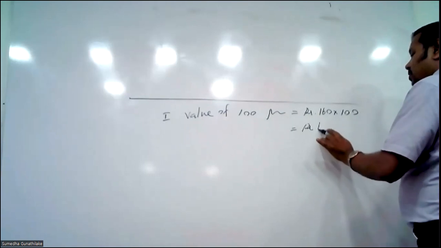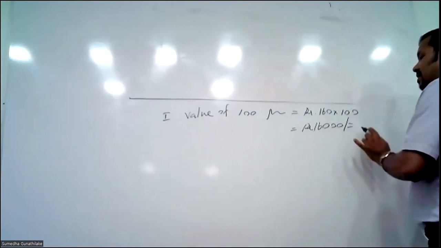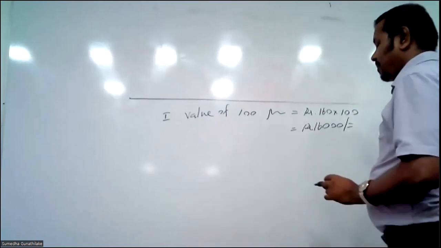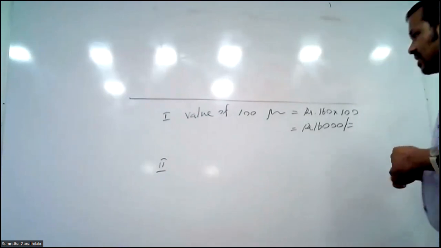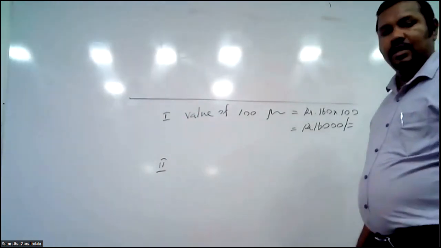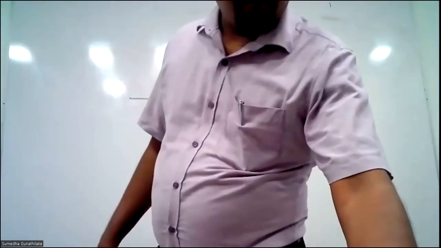You add 2 more zeros, no? 160, another 2 zeros. That is 16,000 rupees. 16,000 rupees is the value of 100 sterling pounds.